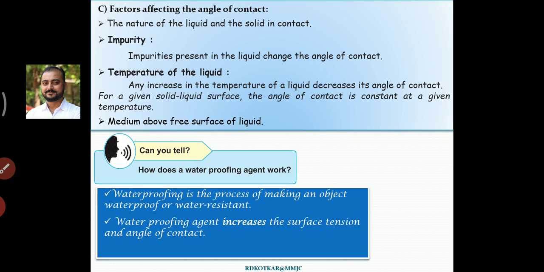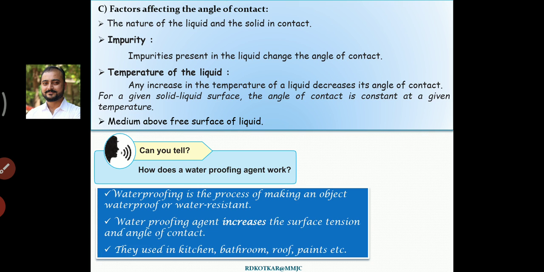You can see the case we studied of a liquid in contact with a solid, in the case of mercury and glass. The mercury will not completely wet the solid surface. That is what we observe here.